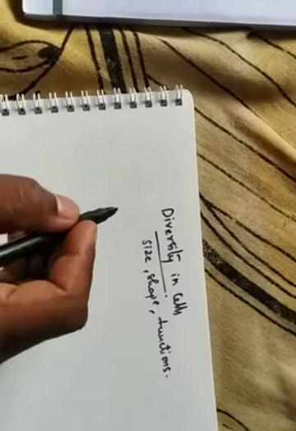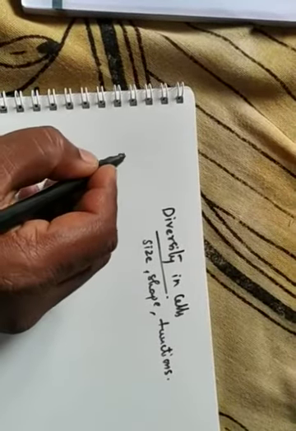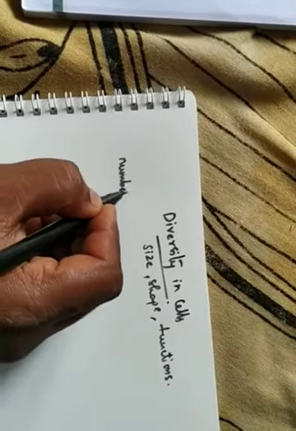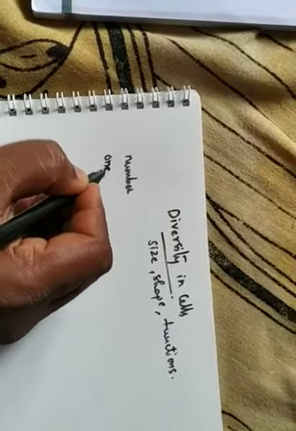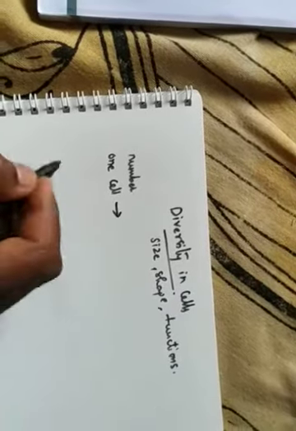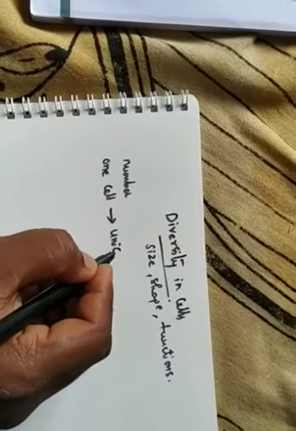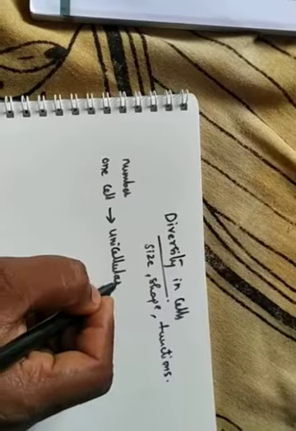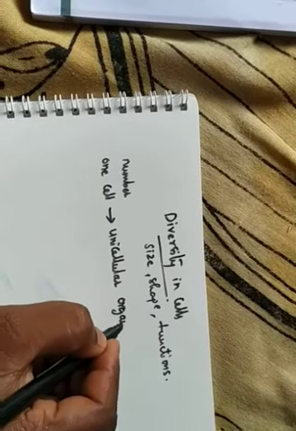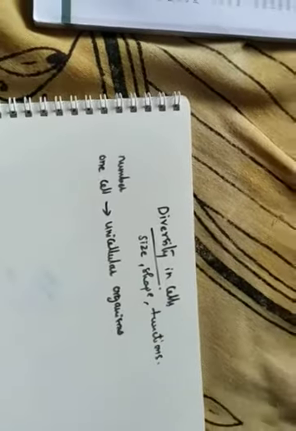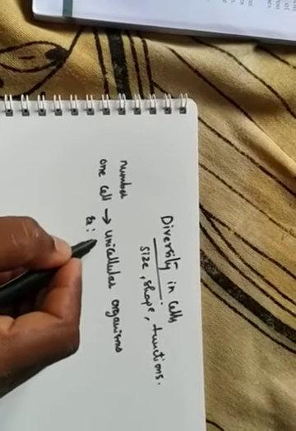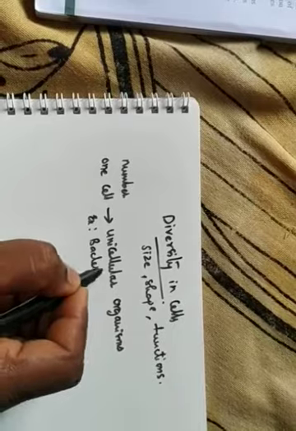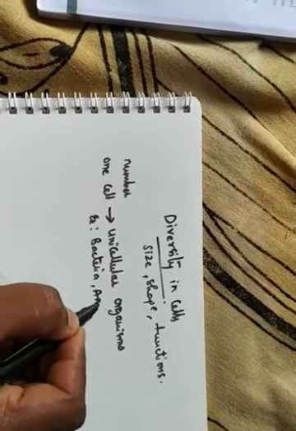Now, first we are going to see the number. Number means when a living organism is made up of only one cell, those living organisms are called unicellular organisms. Examples we can see: bacteria, amoeba.